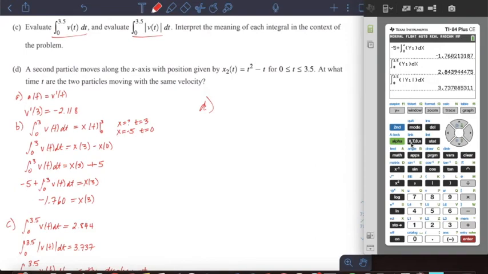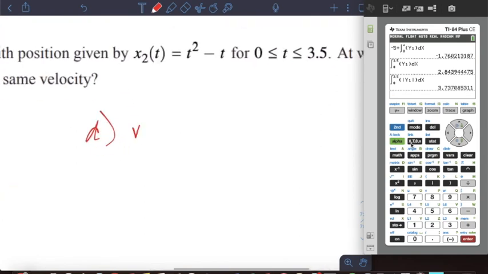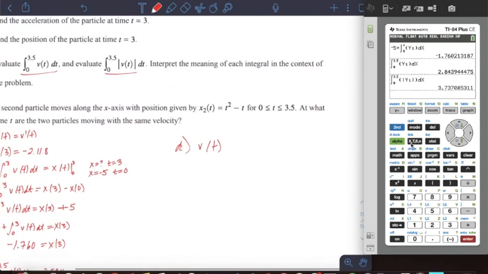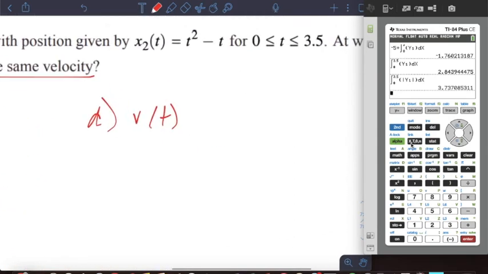So we're given a velocity function up at the top, and I want to know at what time are the two particles moving with the same velocity. I'm not given its velocity, I'm given the position function. So I want to figure out the velocity of this second particle, which is the derivative of position. So the derivative here would be 2t minus 1.